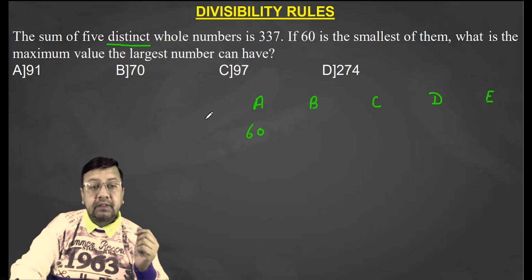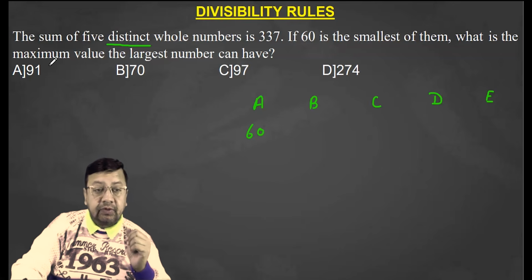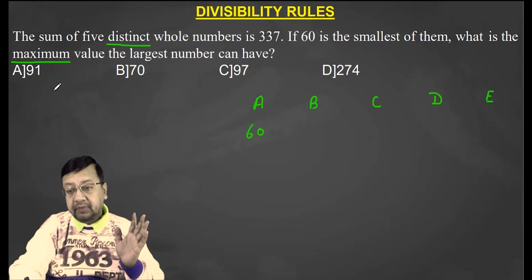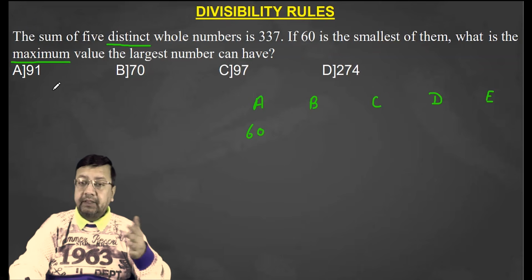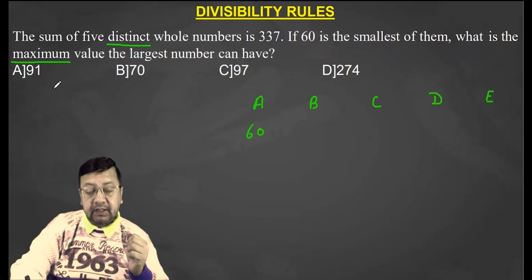Right? And this is saying five distinct whole numbers, right? And then what to do? I need to maximize the largest one. So maximizing the largest one means minimizing the remaining, right? Remaining four numbers, and they all are distinct.